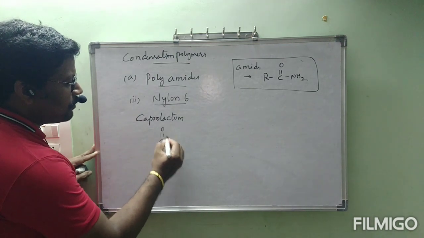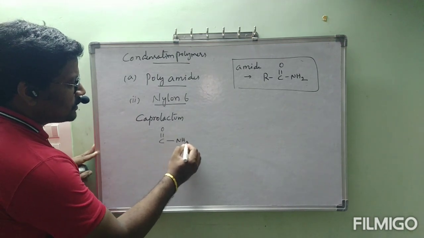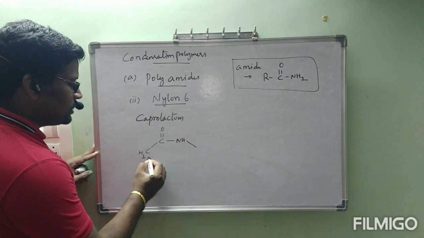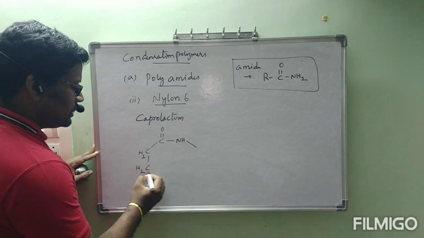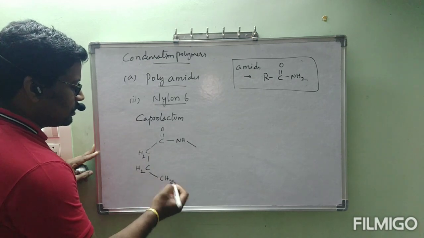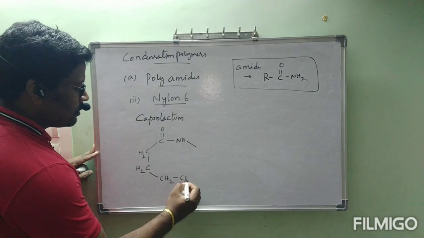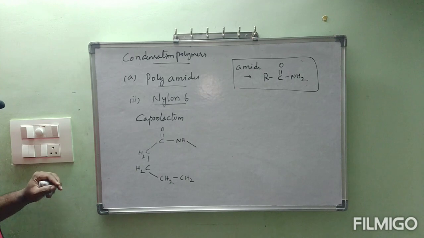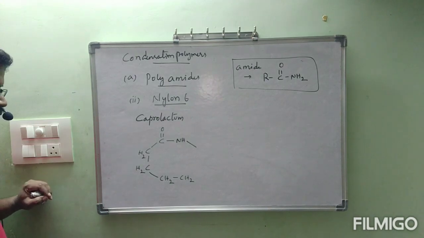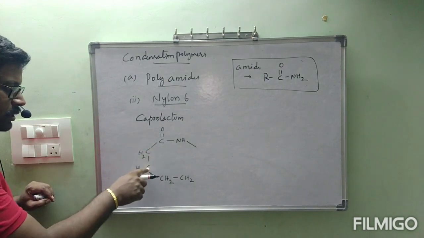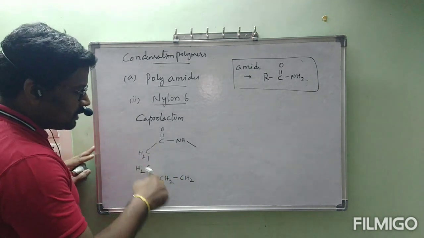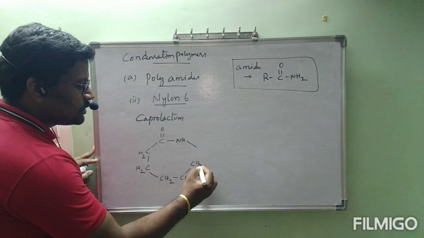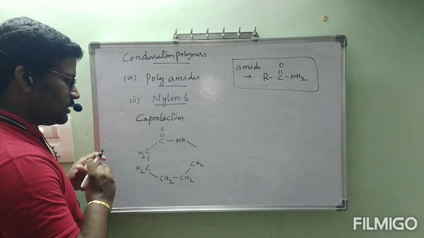C double bond O, NH continuation, CH2, CH2, CH2. One, two, three, four, five. Till now we wrote 5 carbons. Total 6 carbons must be there. One more CH2, bonded to NH.